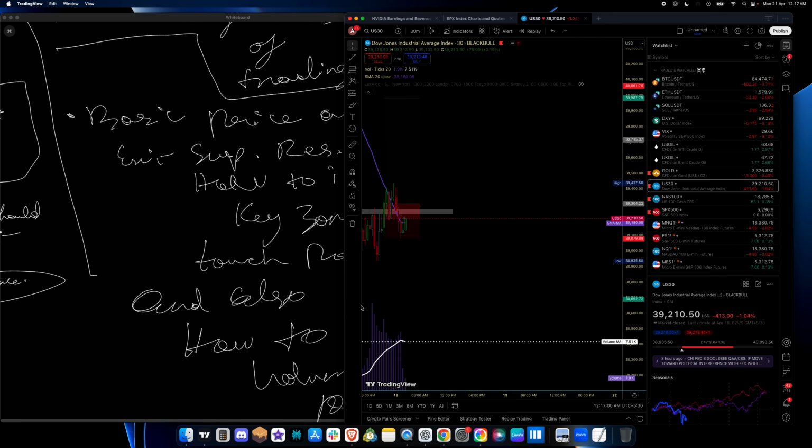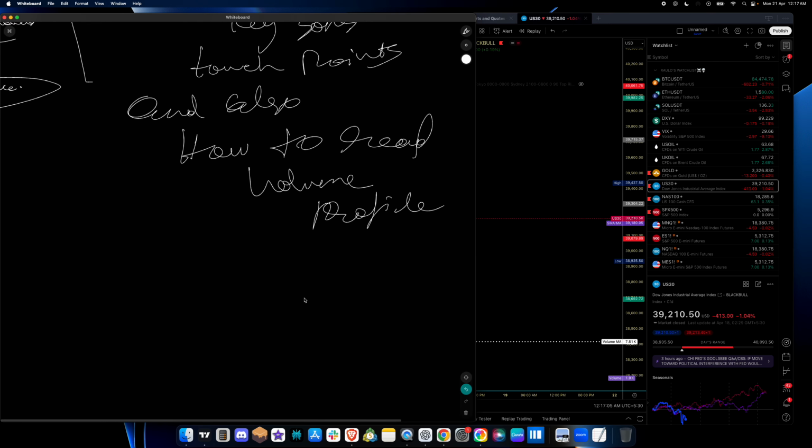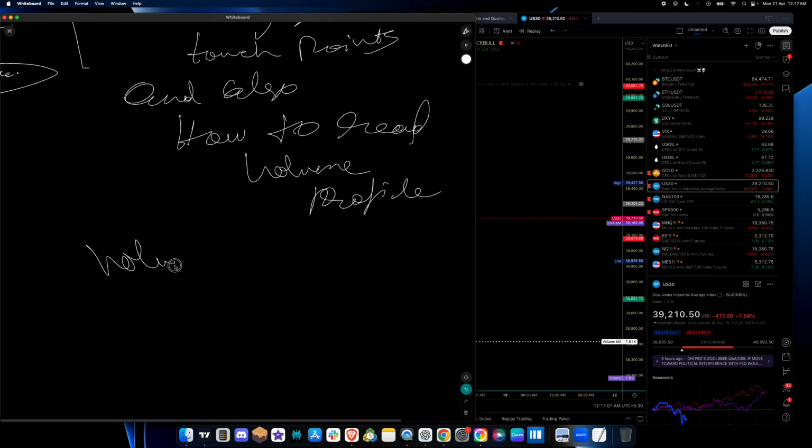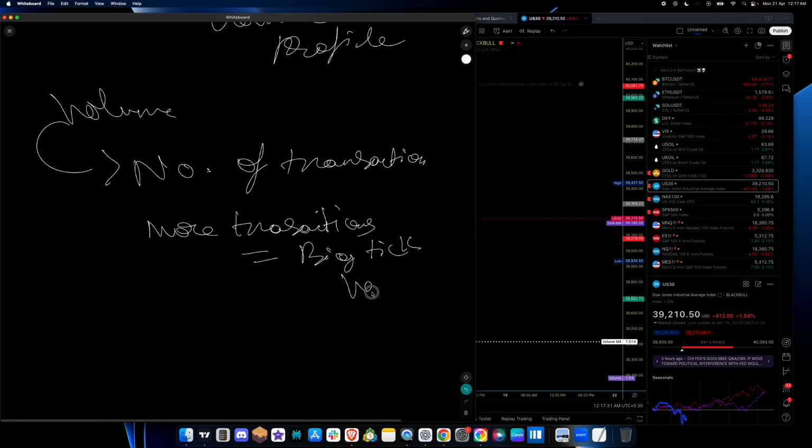First of all, whatever you see, this tick volume, is all about the number of transactions. So more transactions equal big tick volume, as you can see here.